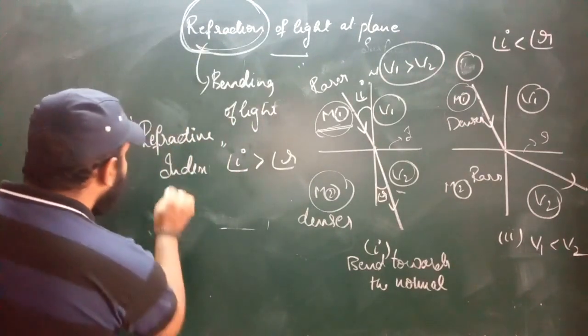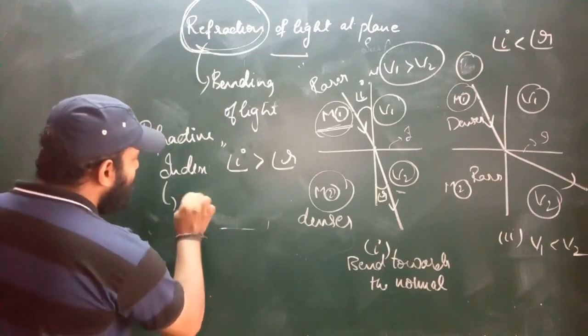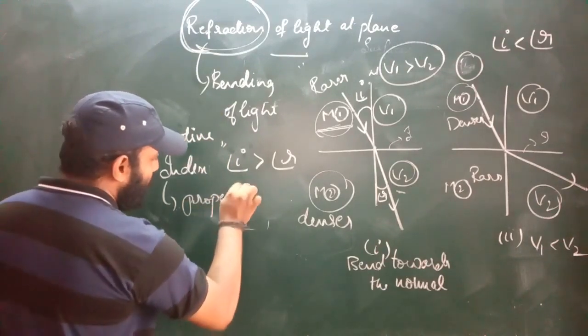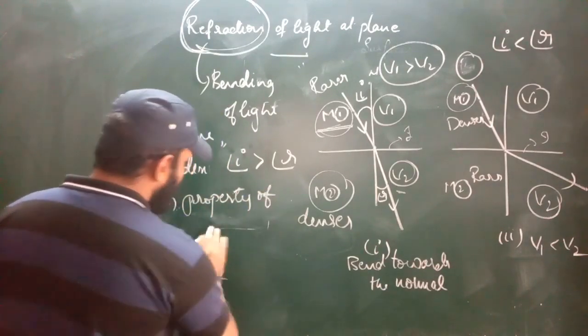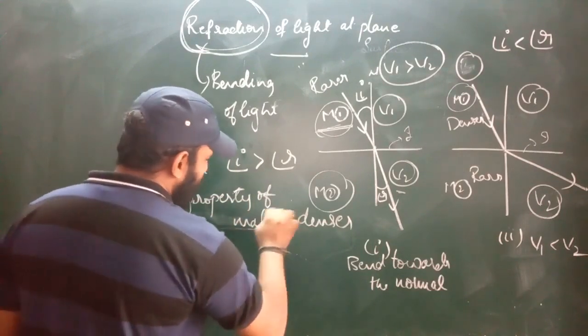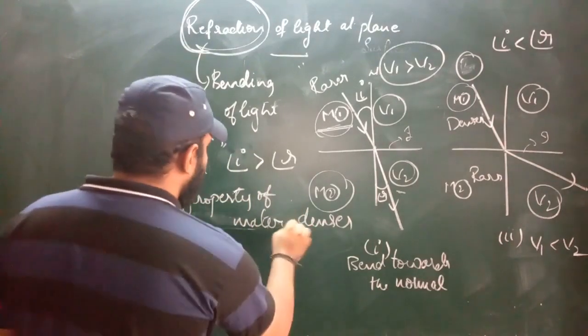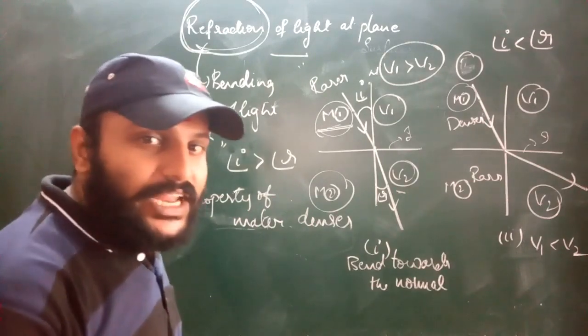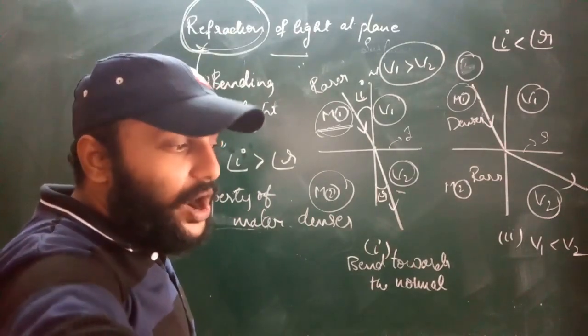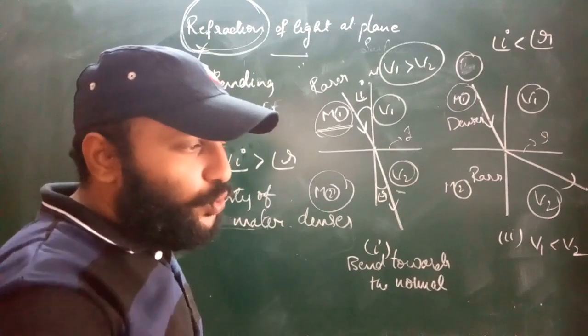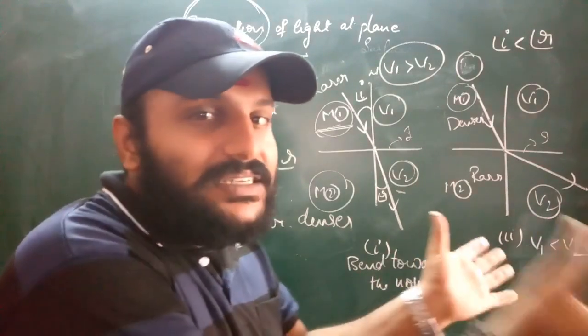The refractive index tells about the property or nature of the material you are taking. It tells us to what extent the light has bent, or to what extent the light has changed its direction.